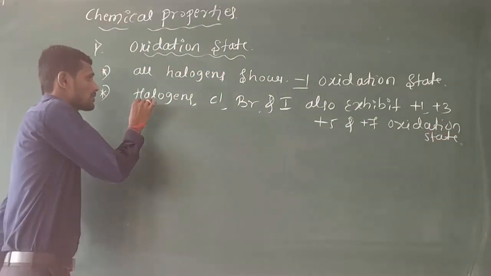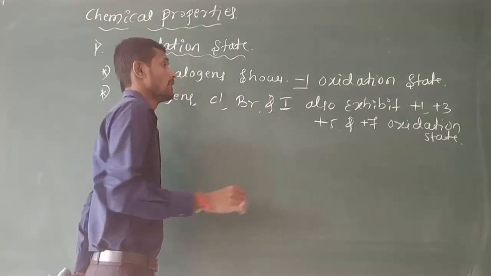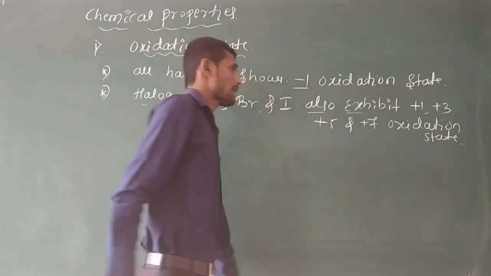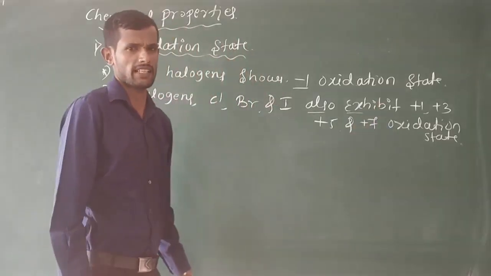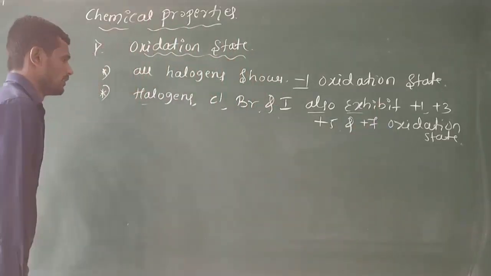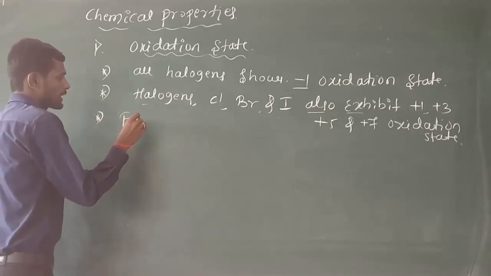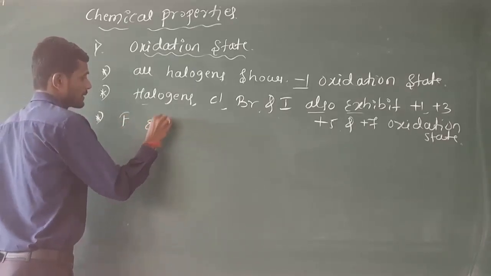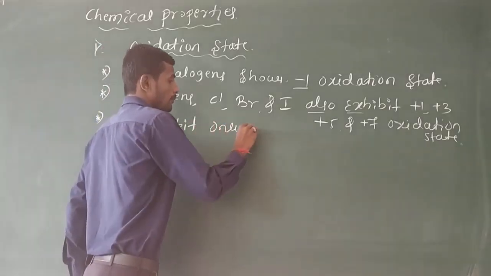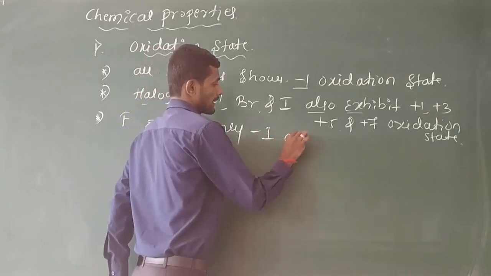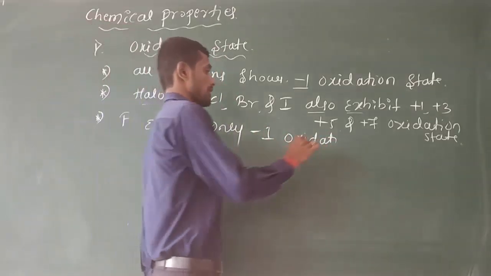Yes, the second point is halogens like Cl, Br, iodine, not fluorine, also exhibit plus 1, plus 3, plus 5 and plus 7 oxidation state. Next, another very important point, fluorine exhibits only minus 1 oxidation state, means it shows only negative oxidation state.